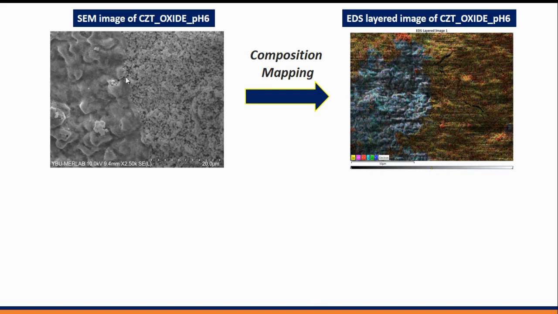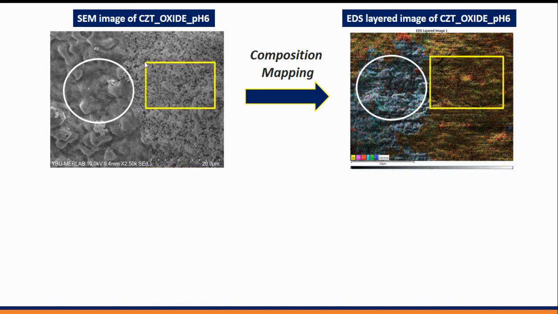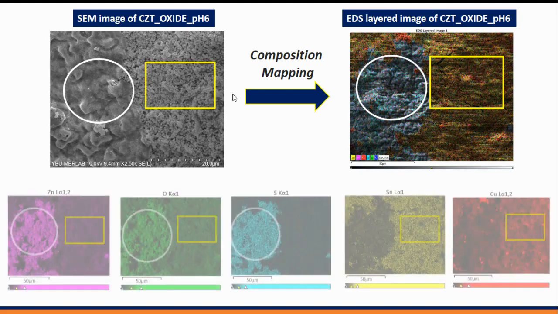And when we look at this SEM image, we take it and we apply some EDS layered mapping process to understand which compositions we are looking at and what is happening. And the first region that we are interested in is this white circle region. And the second part is what I'm going to show you with the yellow rectangle.